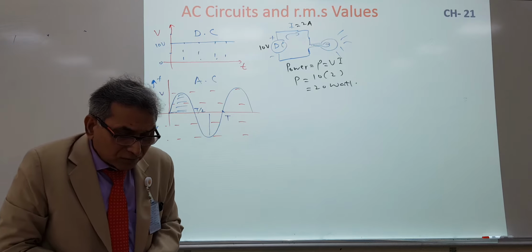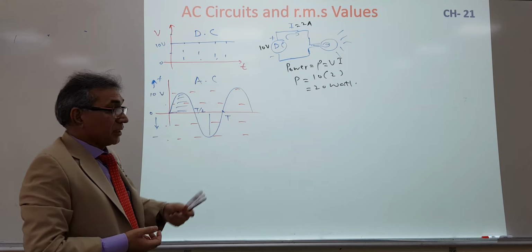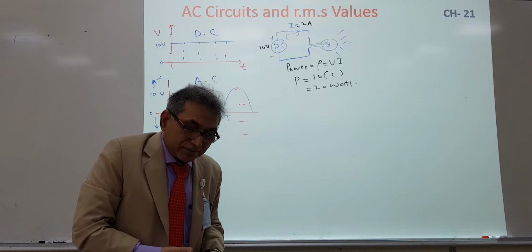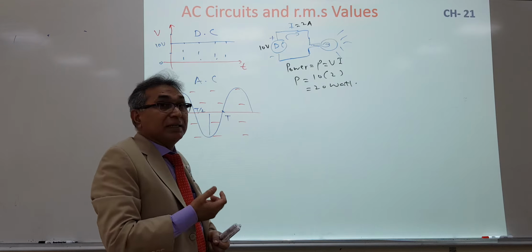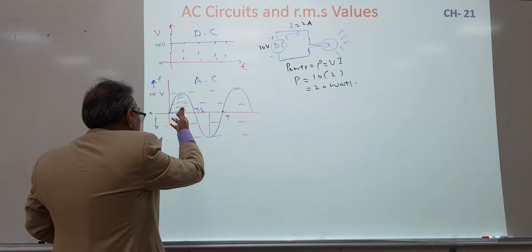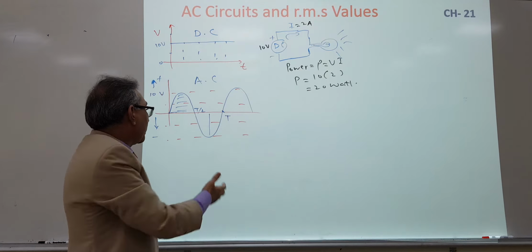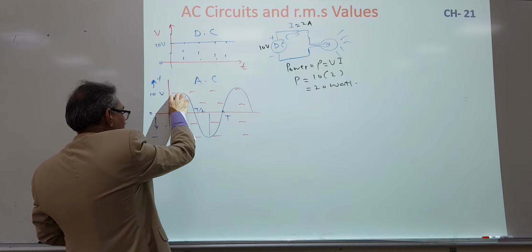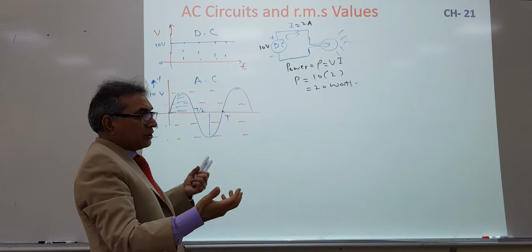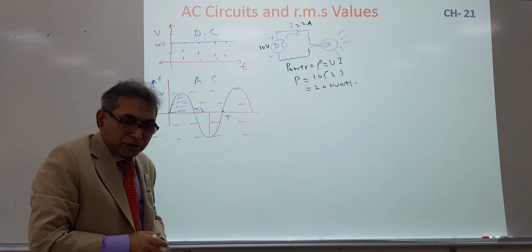And for the power calculation with AC circuits, we need the effective value of voltage and current. If we take the average over a cycle, it will be 0, because we have positive 10 volt and negative 10 volt, which equals 0. So the average of the voltage and the current over a cycle is 0.